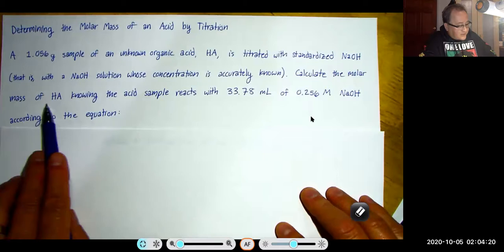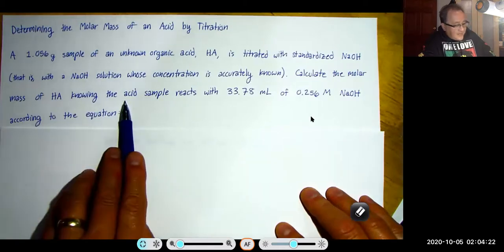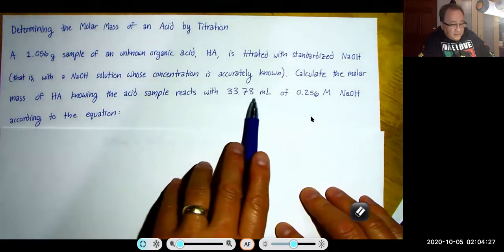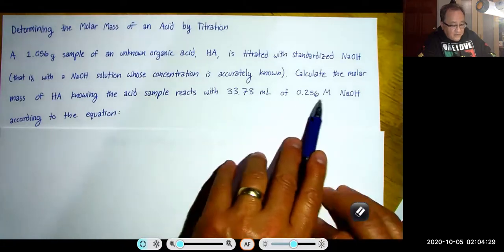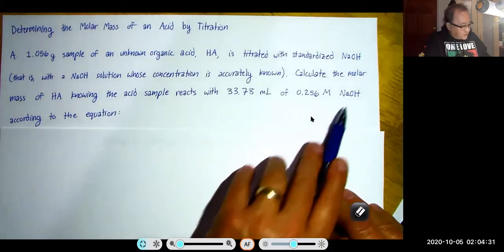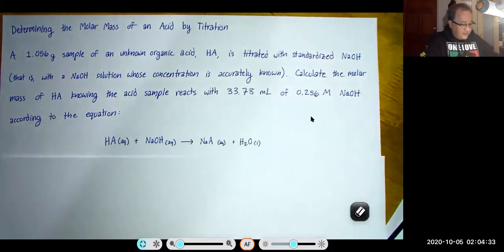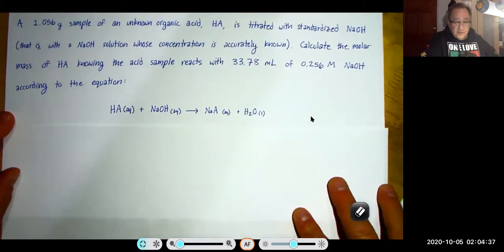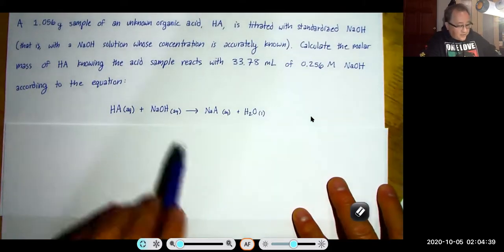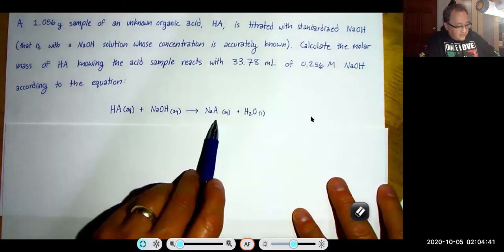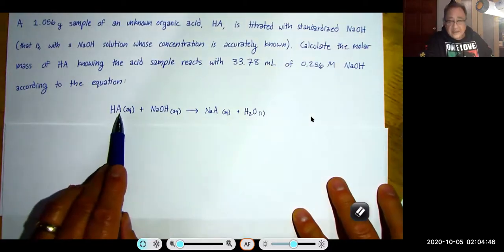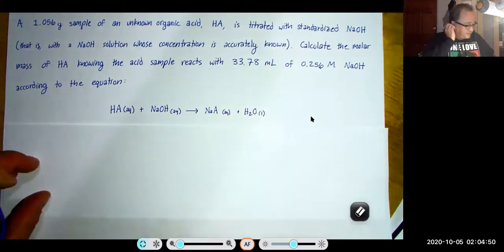Calculate the molar mass of HA, knowing that the acid sample reacts with 33.78 milliliters of 0.256 molar NaOH according to the equation HA plus NaOH gives you NaA plus H2O. So here's the counter ion to the H. It's an anion, so that's why you have NaA over here.